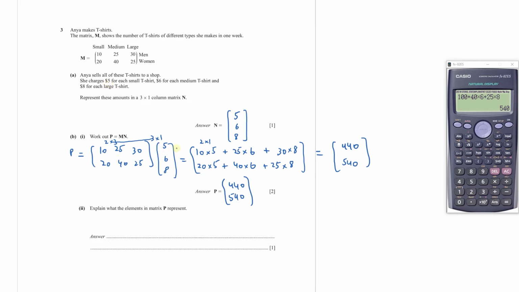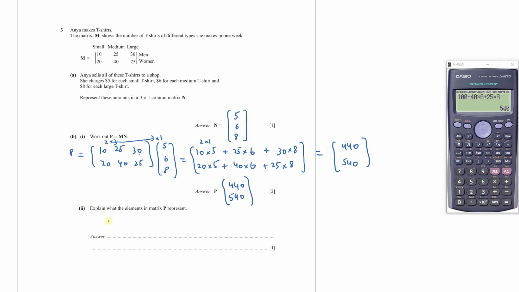So 10 multiplied by 5 means she sold 10 small size men shirts at $5. 25 times 6 means she sold 25 medium sized men shirts at $6 each. And 30 is large size men's shirts, which she sold for $8 each. You multiply 30 by it, and then you add them all together.